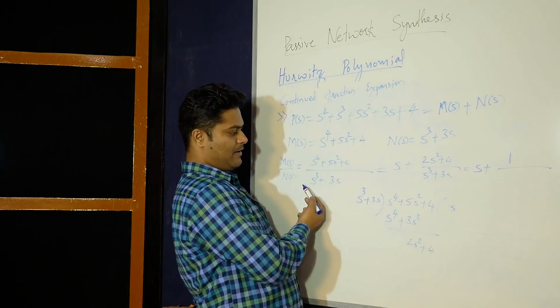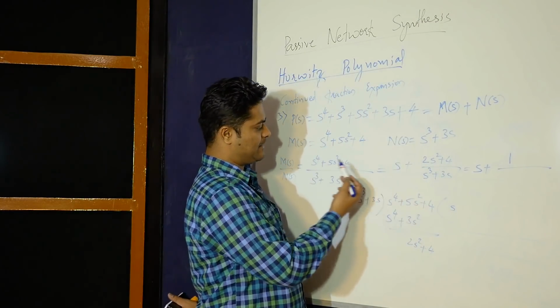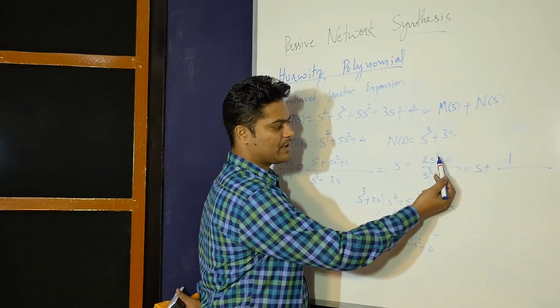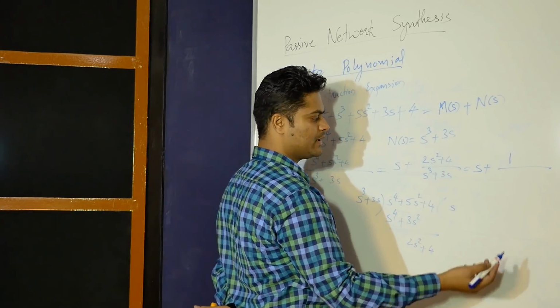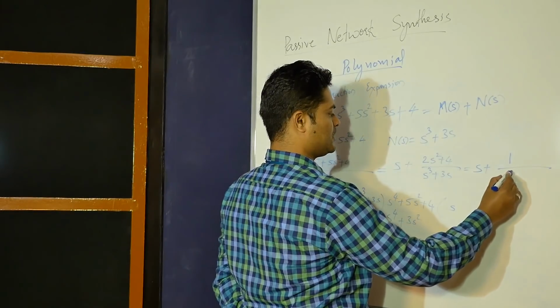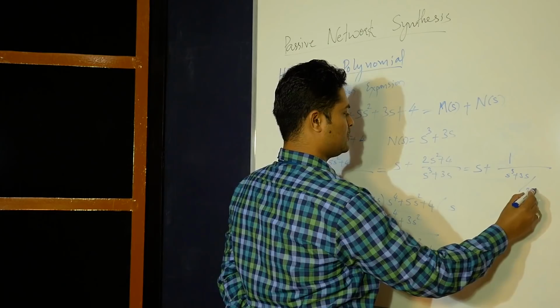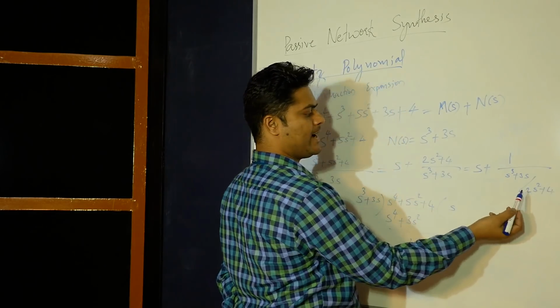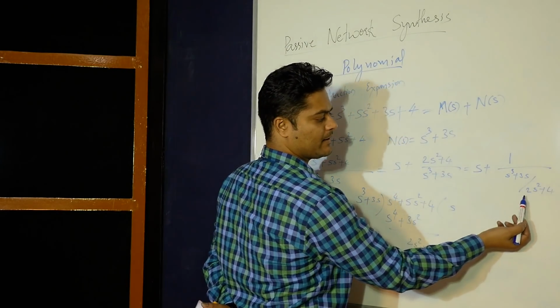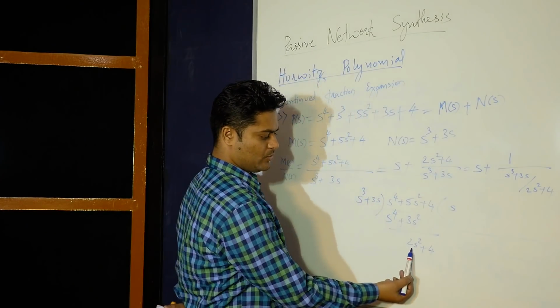Now n of s is there, and m of s becomes m1 of s, that is 2s square plus 4, and we divide s cube plus 3s by 2s square plus 4.